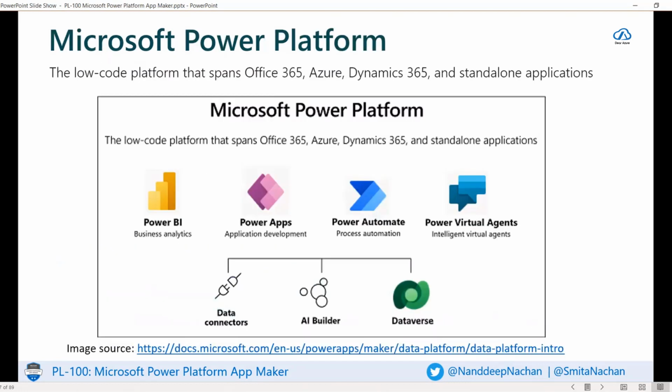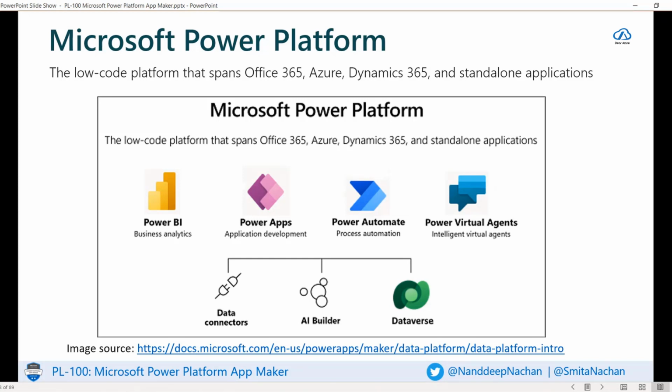Whenever we start with the discussion of Power Platform, I always like to start the presentation with this diagram, because this is a simple diagram which represents the features as well as applications that we have inside Microsoft Power Platform.